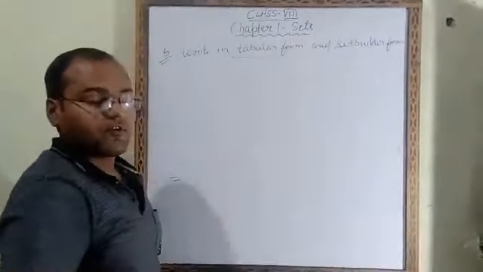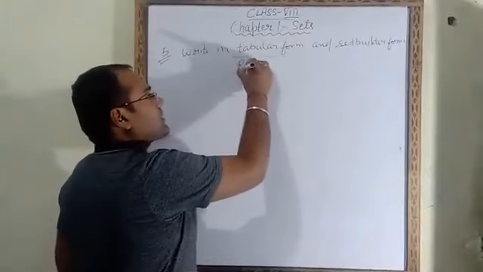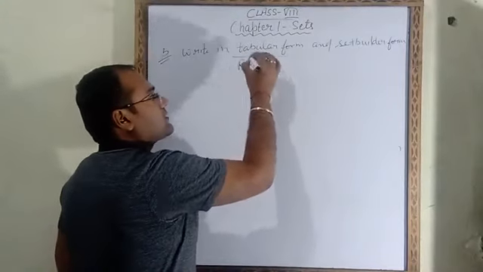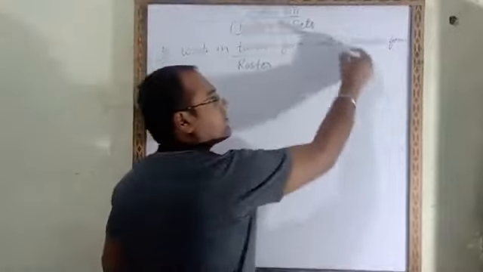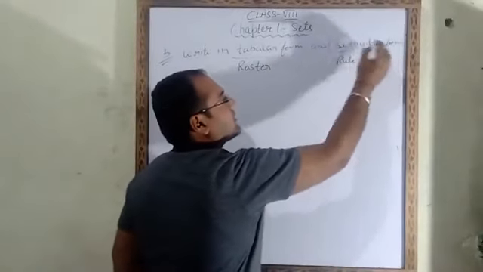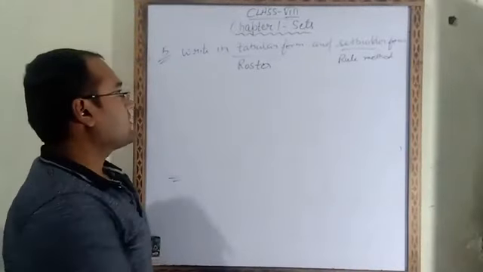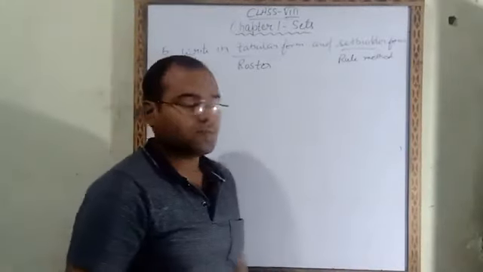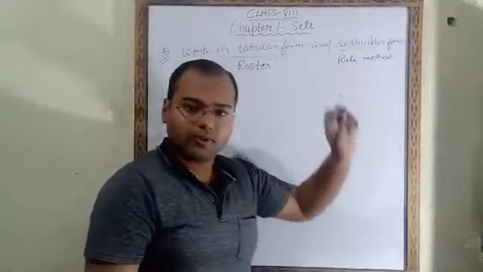Another name of tabular form is roster, and another name of set builder form is rule method. So we have to write in roster form also and in rule method also.